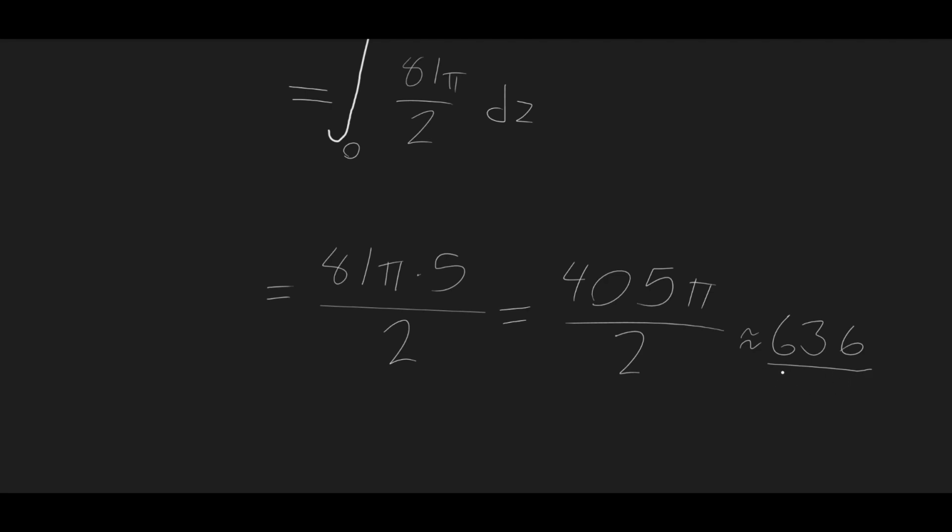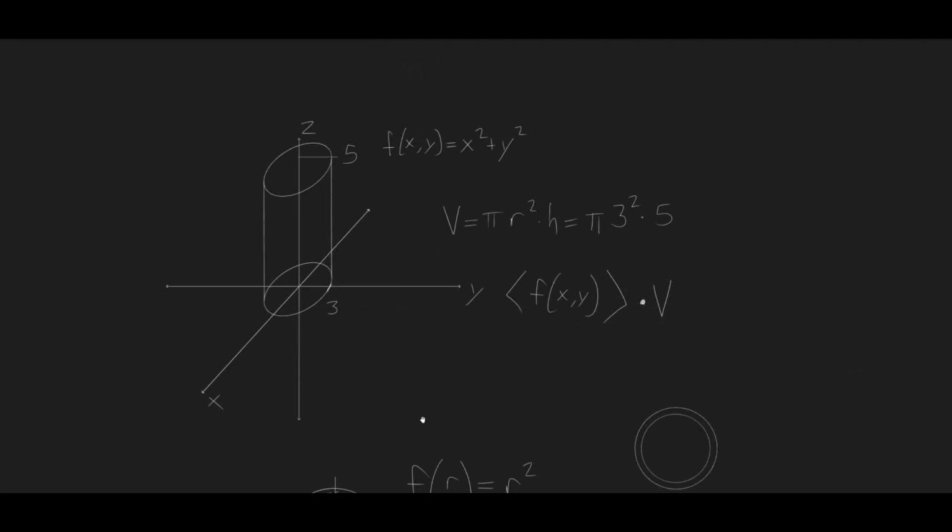Remember that this can also represent the mass over the volume of our cylinder. So an alternate way to solve this problem is to get the average value of the function inside this circle and multiply it with the volume of the cylinder, because the average value of the function times the volume will give you the mass.